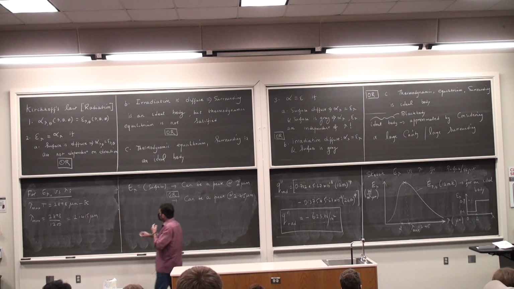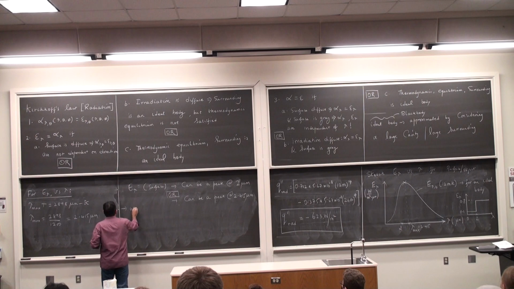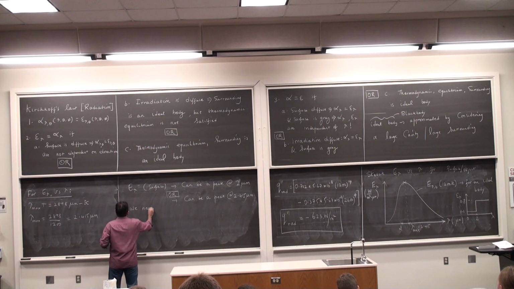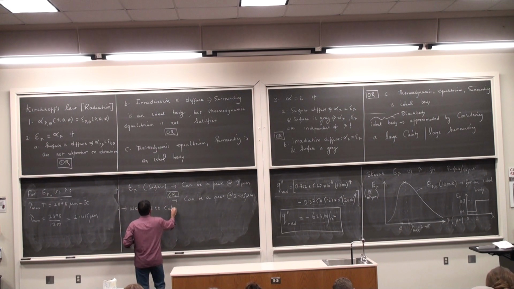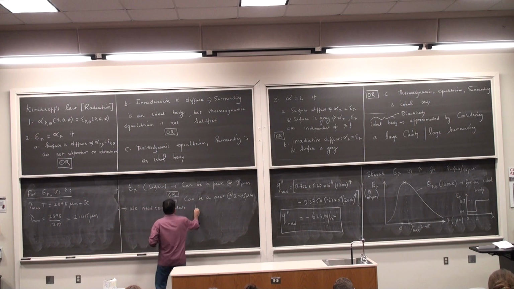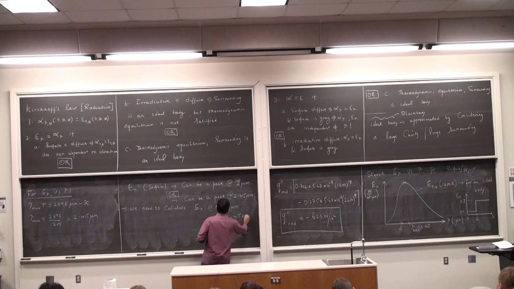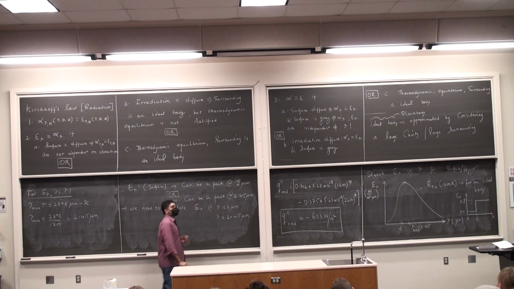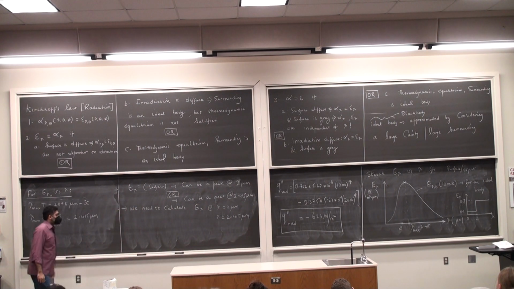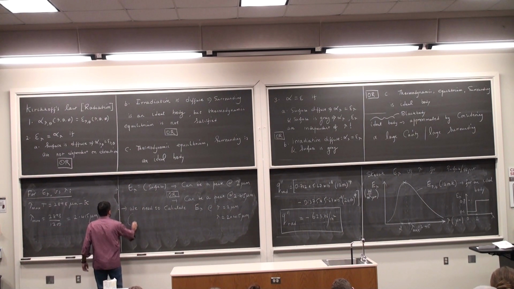So to figure it out, we need to calculate epsilon lambda at 2 micrometers and 2.415 micrometers. This has to be done from the tables.